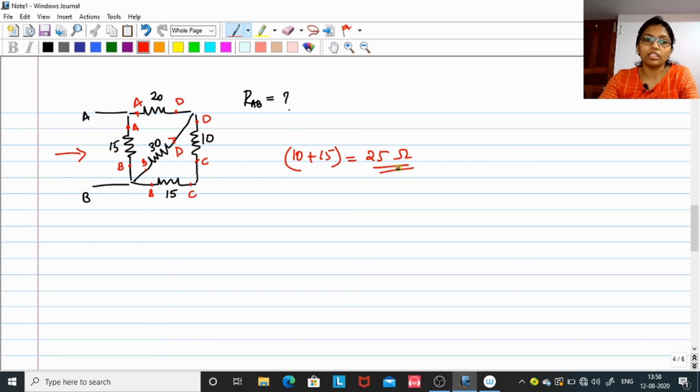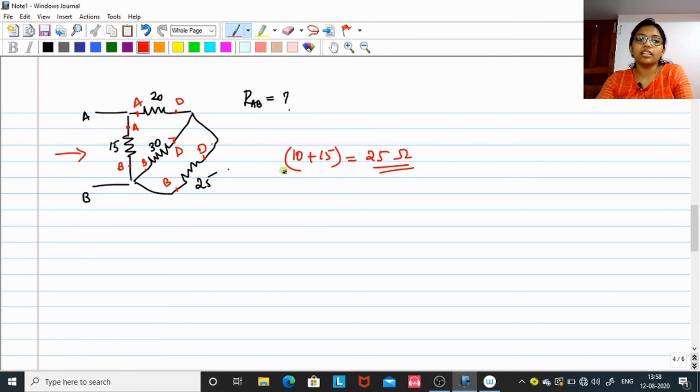So I can now replace this 10 and 15 with 25 ohms. Please have the markings also, which means B is extended to here and D is extended to here.